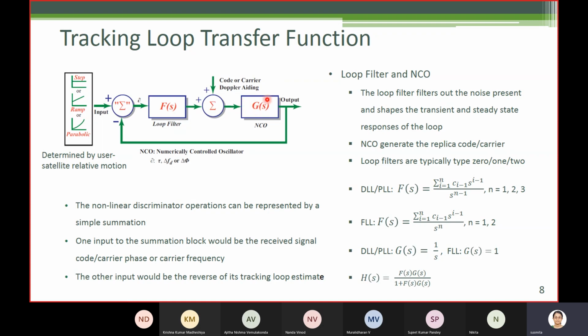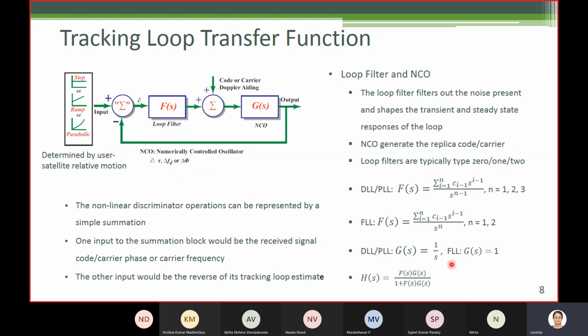So we need to do integration here to get phase from frequency. That's why for DLL or PLL we have 1 by S, because input is some frequency correction, output is phase. We need to do integration to get the phase. This is the case for DLL or PLL, the code phase loop and the carrier phase tracking loop.